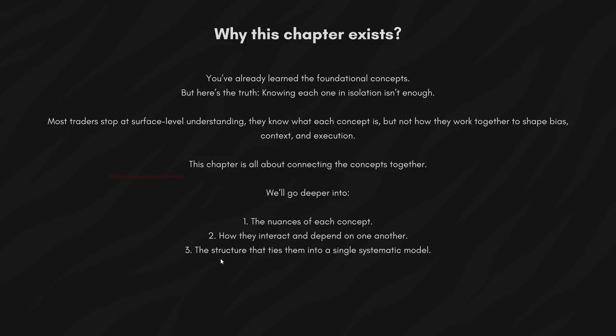And more importantly, we will discuss the structure and the frameworks that tie all of those concepts together into a single systematic model which you can actually execute, and something that's actually consistent and mechanical with proper rules and proper frameworks and logic behind it. Okay, that's going to be the objective of this chapter right here. Okay, now let's move on to the next slide.